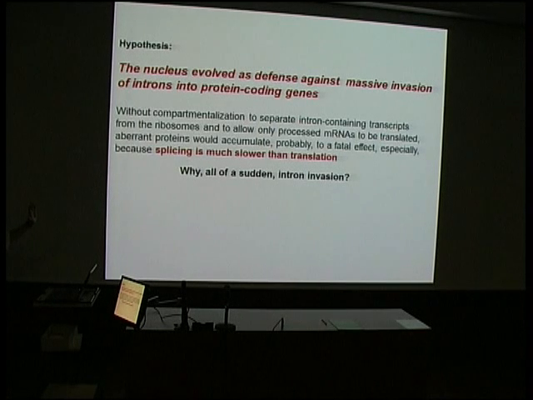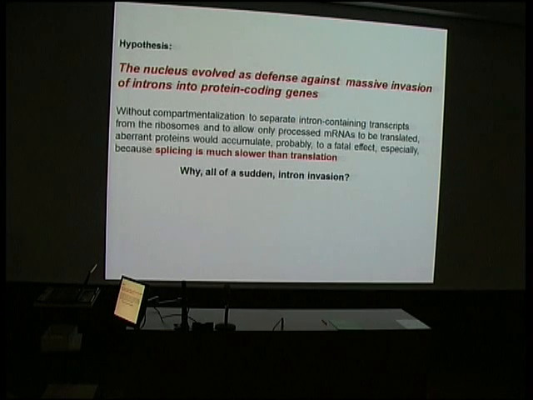So the hypothesis that we proposed with Bill Martin a few years ago is this: that the nucleus actually evolved as a defense system against massive invasion of introns into protein-coding genes, because think of this.